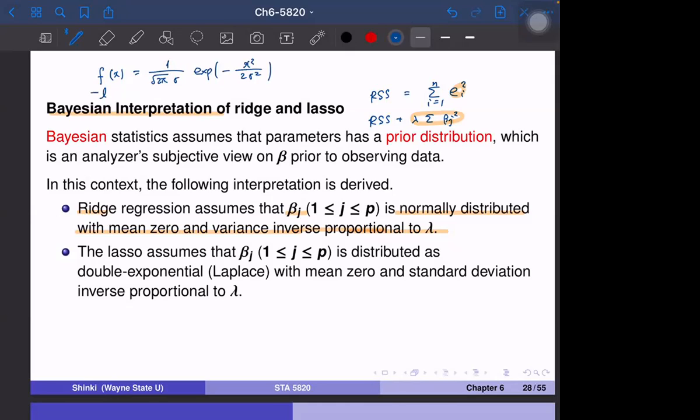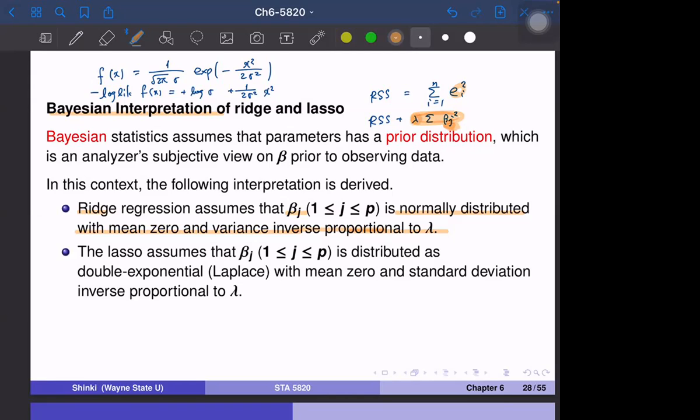If we think about the negative log likelihood of f of x, we have some negative log sigma term, but except for that, this becomes plus 1 over 2 sigma squared times x squared. So having this penalization term means that beta j has a probabilistic distribution with mean 0, a normal distribution, and lambda corresponds to 1 over 2 sigma squared.